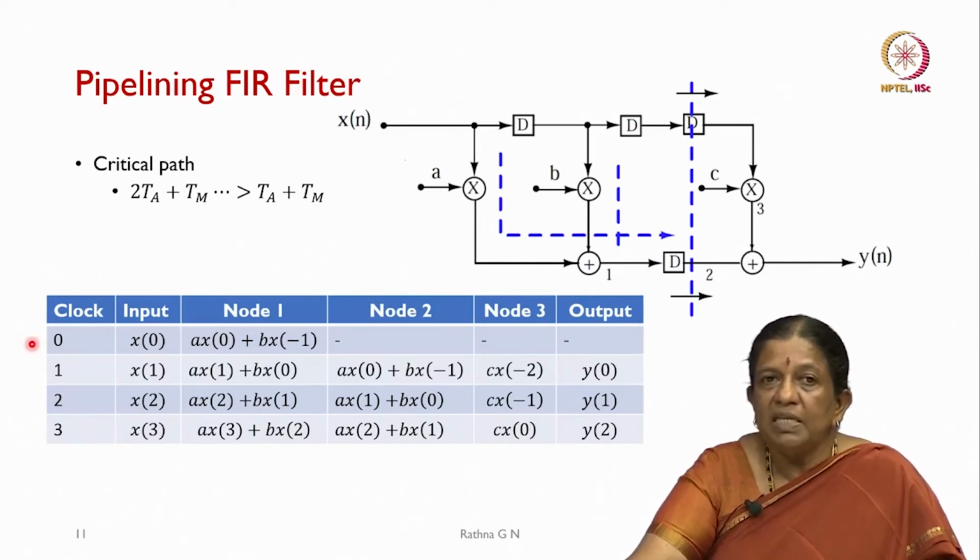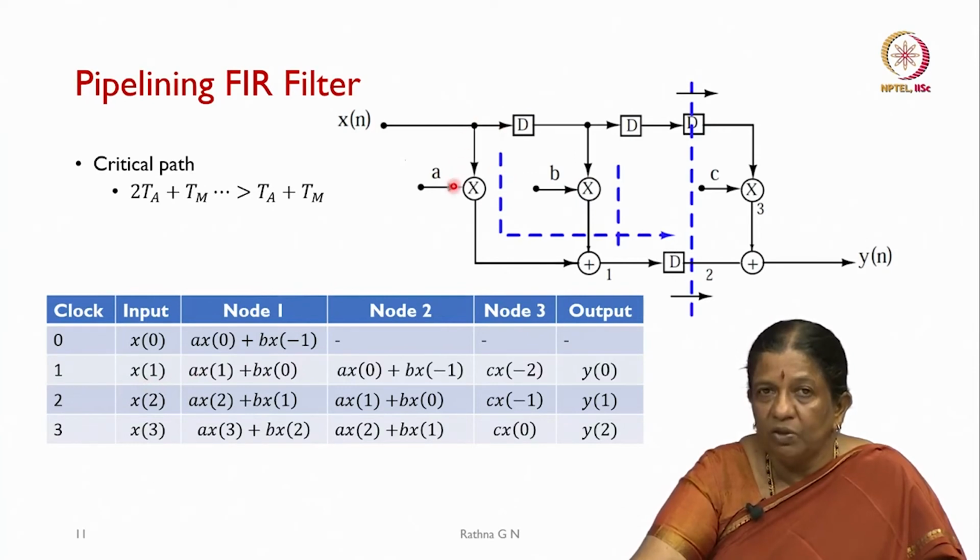Now we will see what will be the output. At clock 0, the input to this is x of 0, then node 1, what is going to happen in this clock cycle is it will be multiplying a into x of 0 and then it will take b into x of minus 1. In the next clock cycle, you will be seeing that x of 1 will be the input to this unit, and node 1 is going to compute a into x of 1 plus b into x of 0.